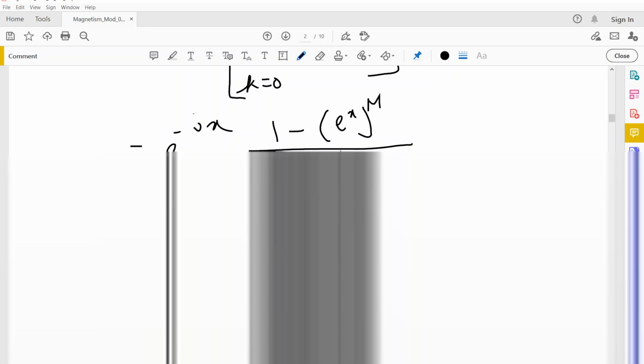So what about the first term? If you differentiate ln of sinh of something, you know the chain rule of differentiation, so let me apply that chain rule.